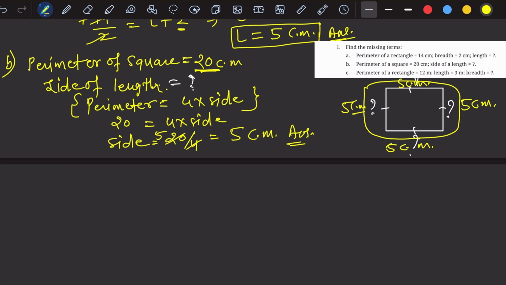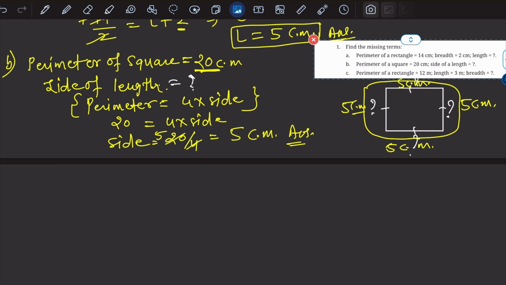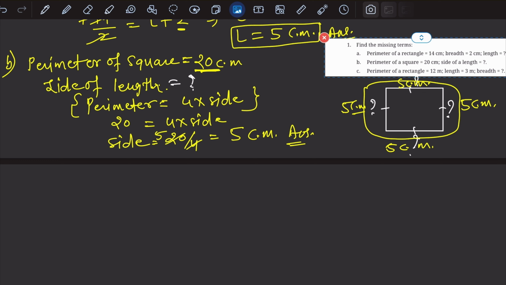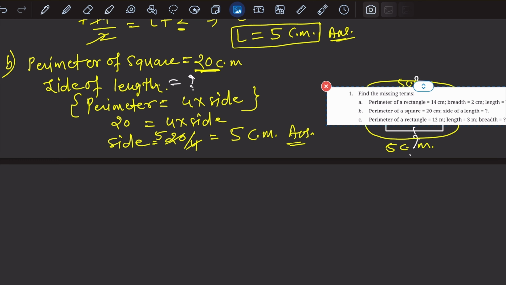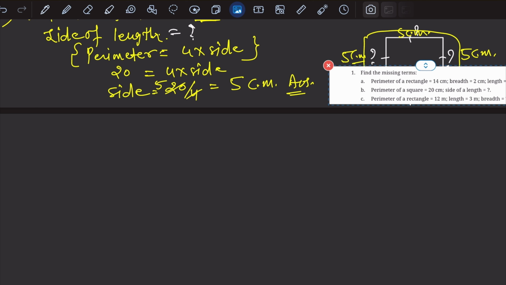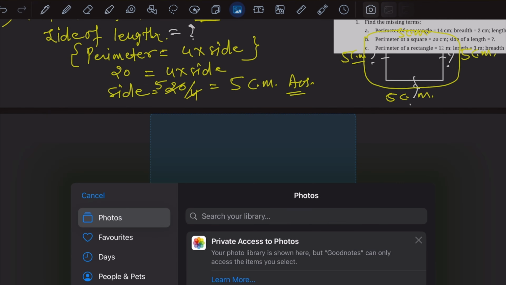Now we will take the same thing here. Okay, now to the next page. It is not going. Okay, I will let it. Okay, I will take it again.